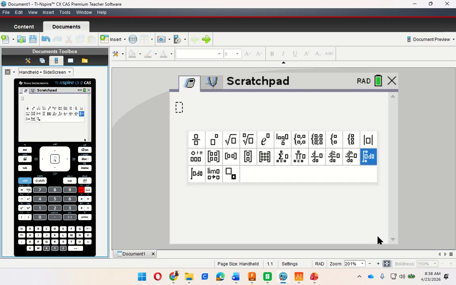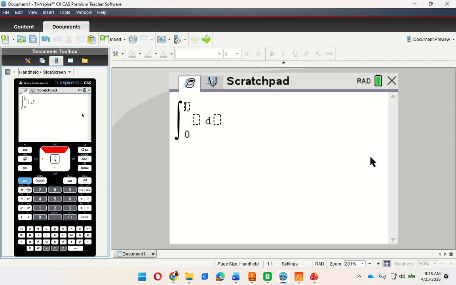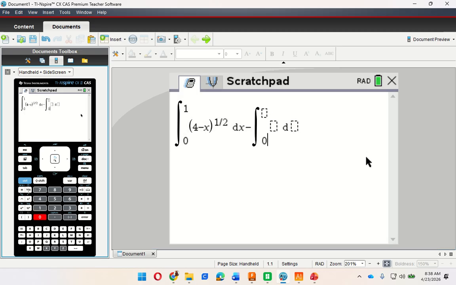So I'm doing integration from 0 to 1, and it is 4 minus x close caret 1 over 2 dx, minus integration from 0 to 1 of 4 parentheses minus 4x close caret 1 over 2.